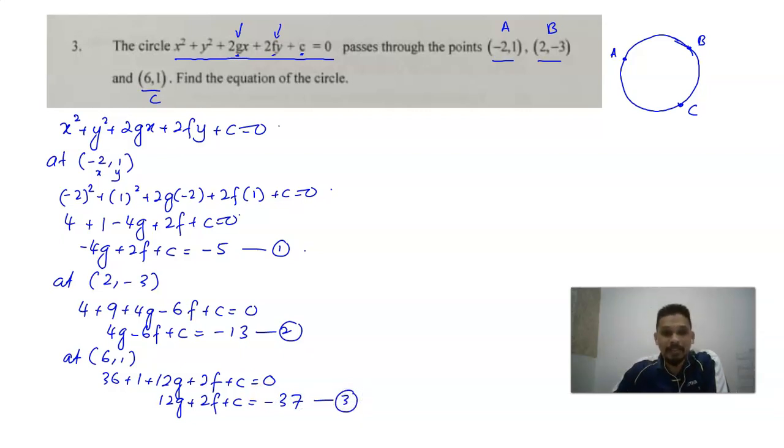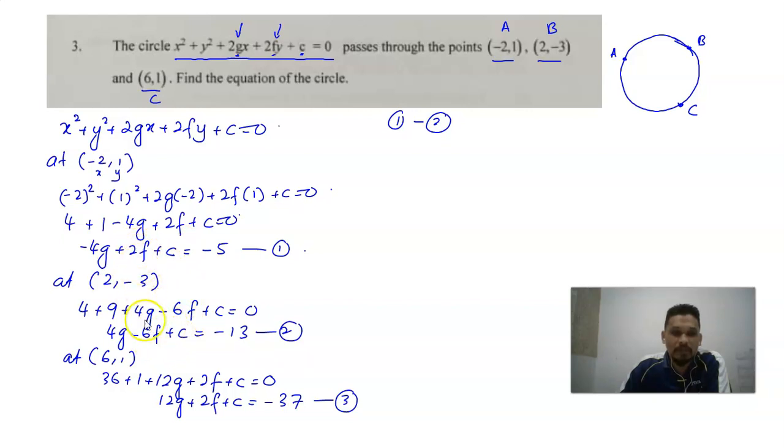So there are 3 different equations with 3 variables g, f, and c. My suggestion is to take equation 1 minus equation 2, because c minus c equals 0.